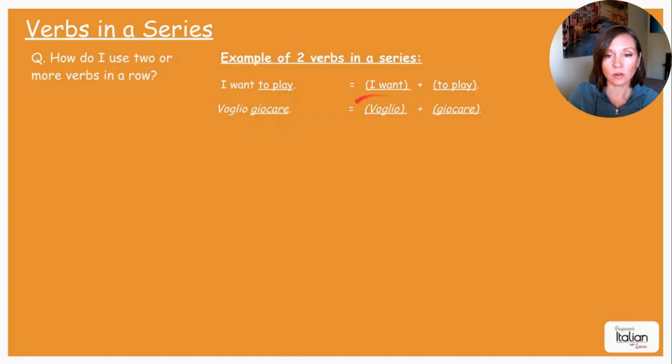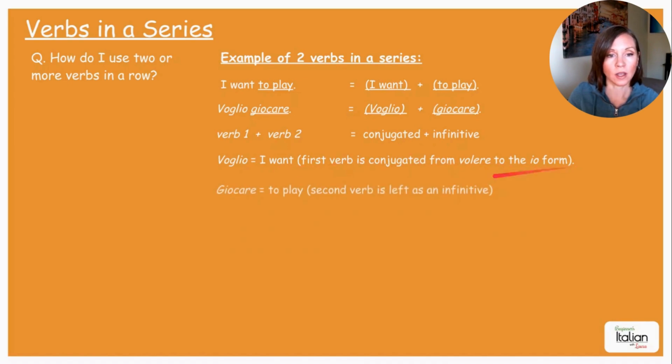So, you add the two verbs together, but like we just talked about, voglio is conjugated and giocare remains in the infinitive form. So in this case, we have conjugated and infinitive. So voglio, I want, the first verb is conjugated from volere to the io form, and giocare, to play, is left as an infinitive.